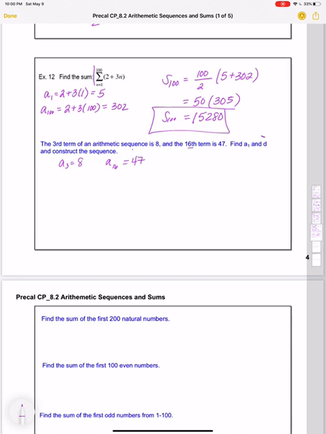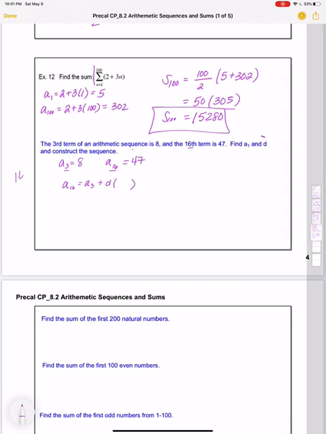So A sub 16 equals A sub 3 plus the distance, which we don't know, times how many differences we are adding to get from the third term to the 16th term.